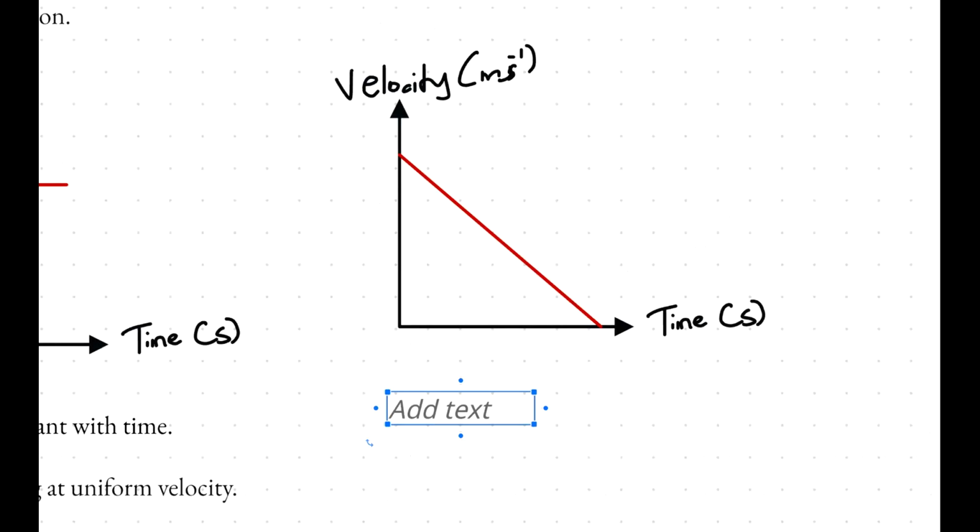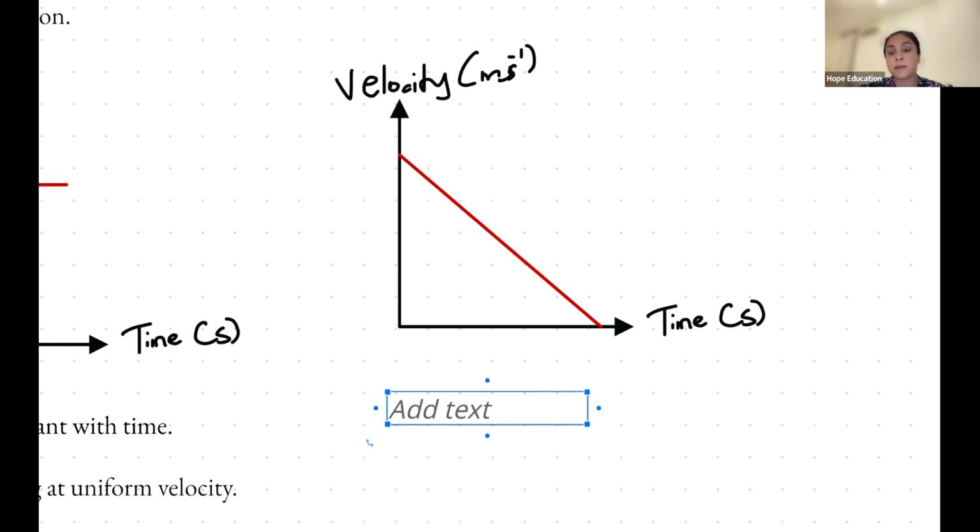It is a deceleration. Can you see that as the time is going, the velocity is gradually decreasing. So the velocity is decreasing with time. So this is a deceleration.